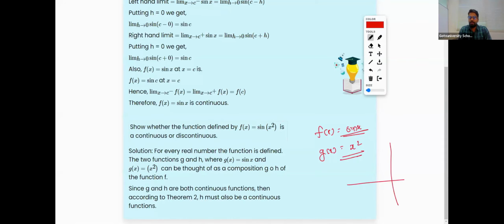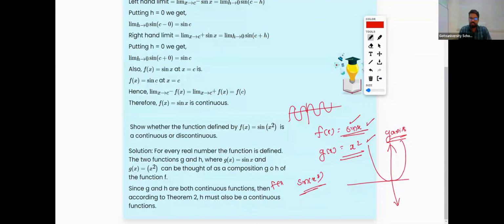It's a parabola passing through 0 with the y-axis as its axis of symmetry, right? Isn't it continuous throughout the real numbers? Yes, it is a continuous function. And sine x is also, as I told you repeatedly, a curve which is continuous throughout. So as I know, sine x is continuous and x square is also continuous, so sine of x square is also going to be continuous.